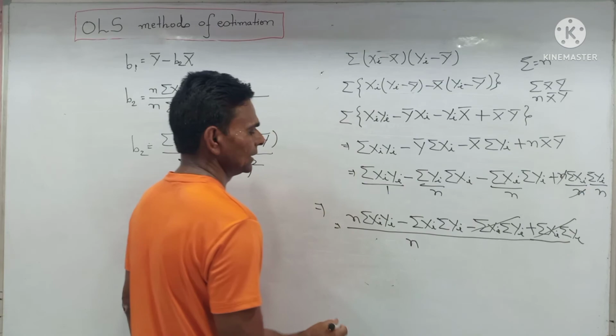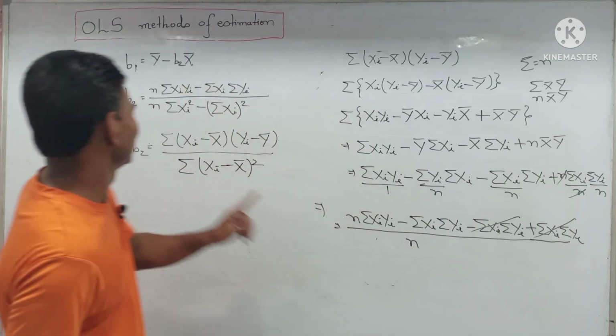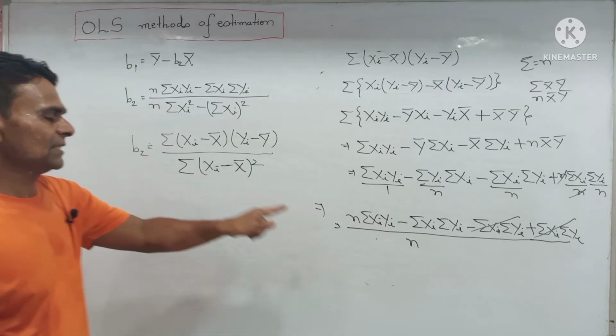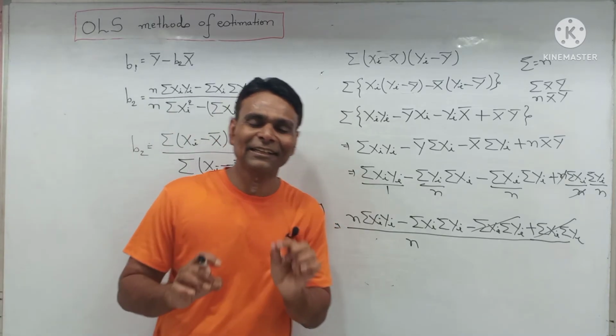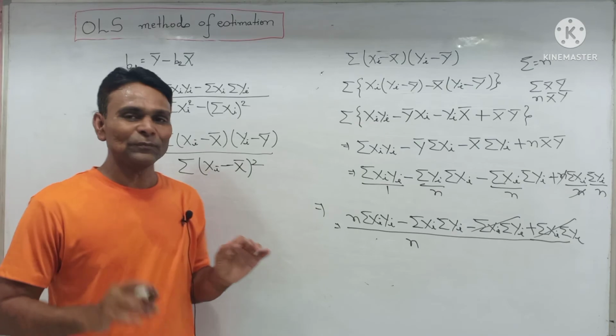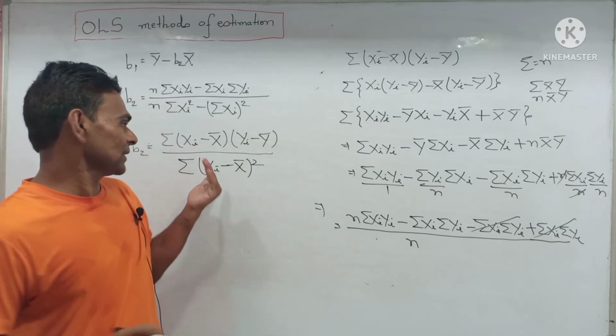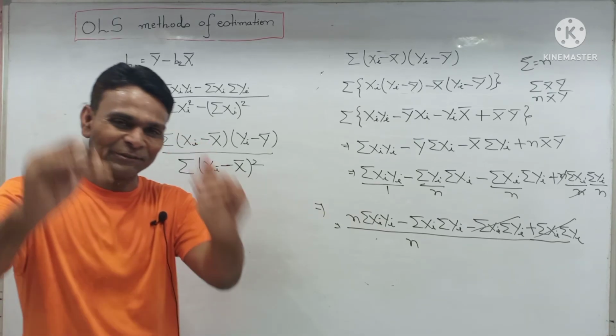Plus minus cancel, and the part we got in the numerator is very similar, but one thing is it is divided by n, and if we get the denominator part of this equation, everything will be clear to you.